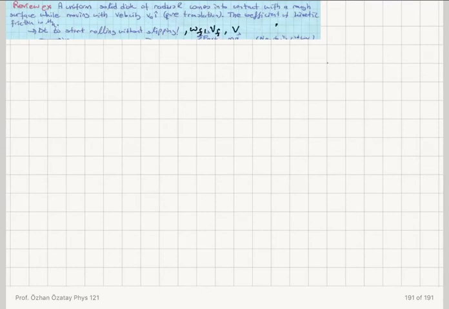And I would also like to know what is the final angular speed, what is the final center of mass velocity, and how much work is done on the system by friction in converting this pure translation to rolling without slipping. Okay, so let's look at this case here.